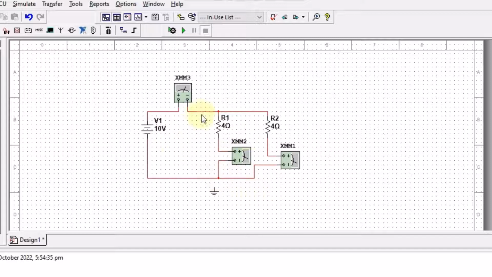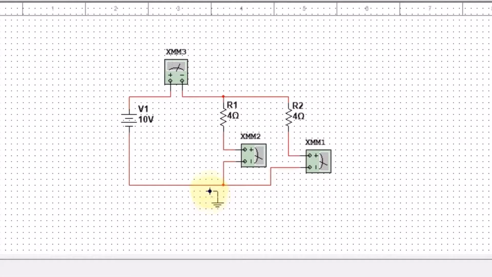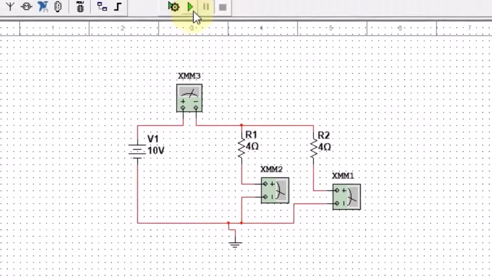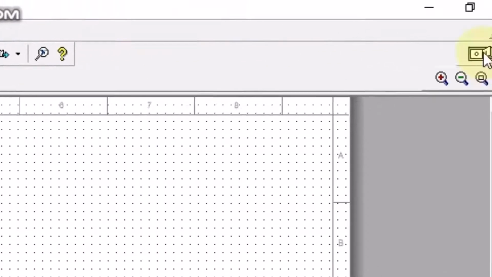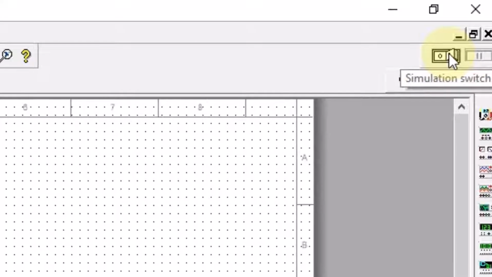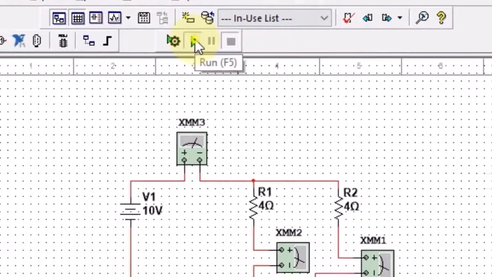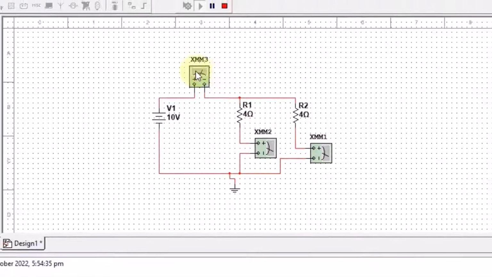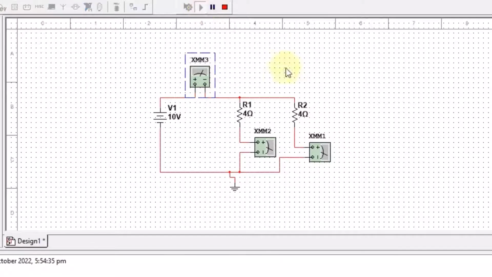Okay, so this is basically the parallel circuit which is composed of two resistors. Now in order to complete the circuit, I have to connect this ground connection here as well. Then I have to run it, or I can also use this simulation switch. So let me run it from here.